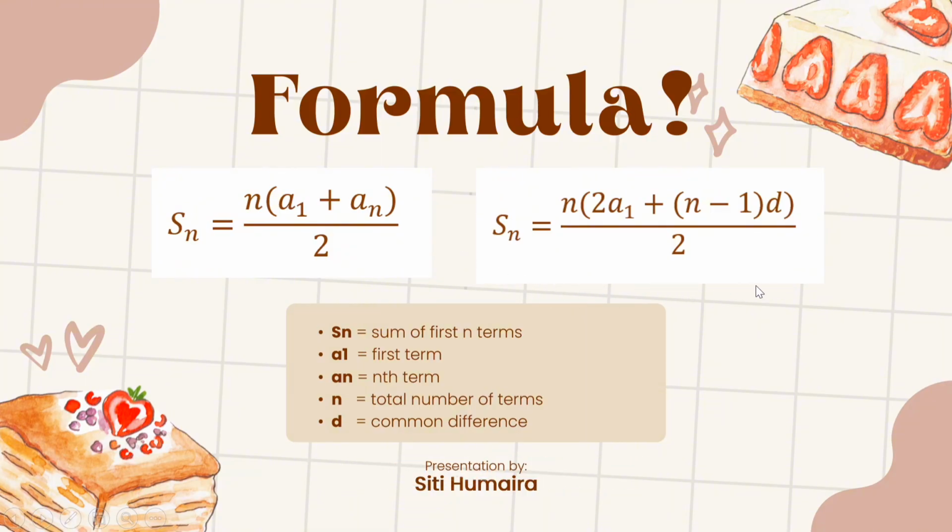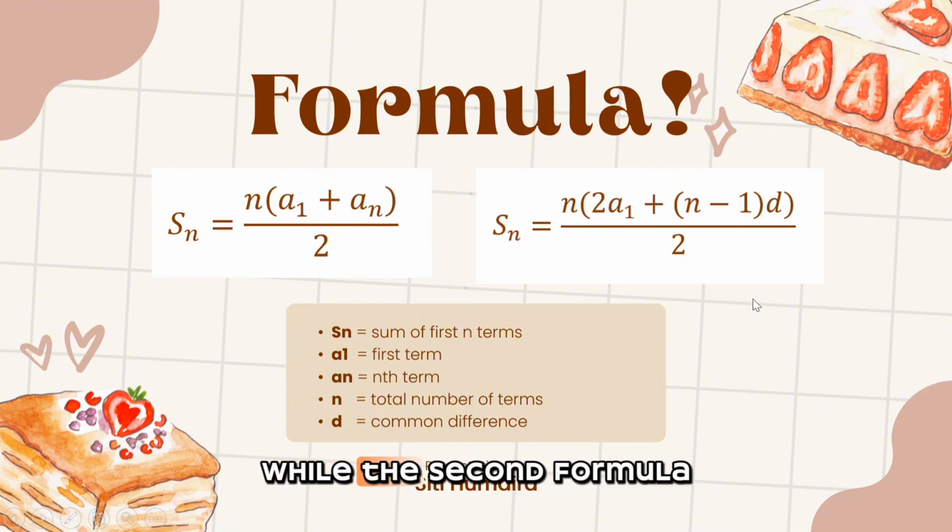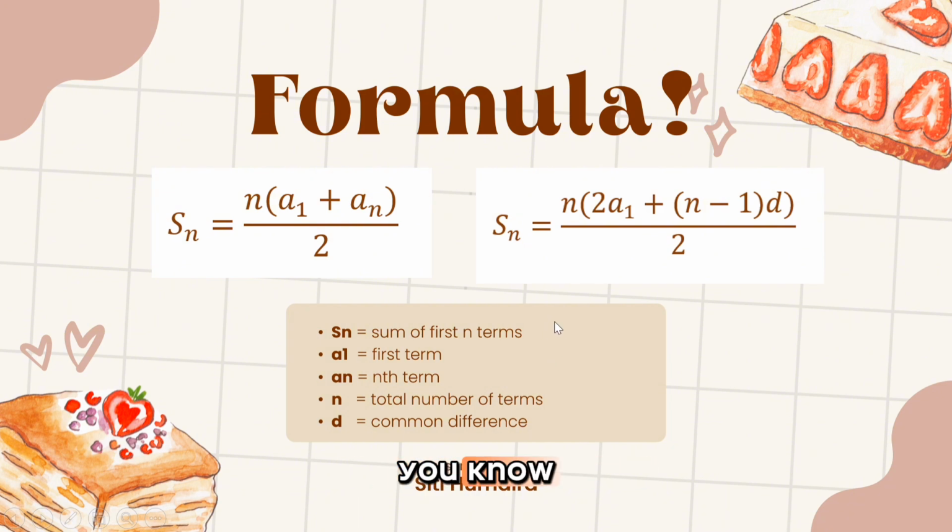Like for example, the first formula, we use this formula if we know the first term as well as the nth term. While for the second formula, we don't know the nth term, and yeah, they're just kind of the same.